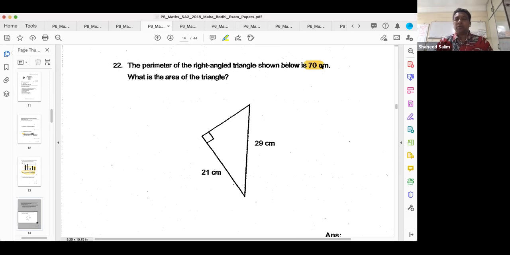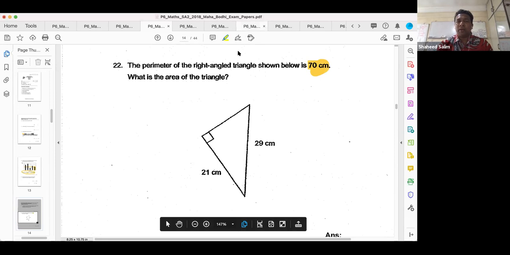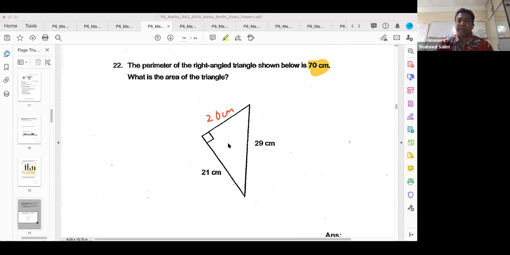Now this one is 70. This is the perimeter. 70 minus 29 minus 21. What do you get? You get 20 cm. Now you must find out what is the base and height. This is the base, this one is the height. So half times base times height. 21, yes Carissa, times 20.